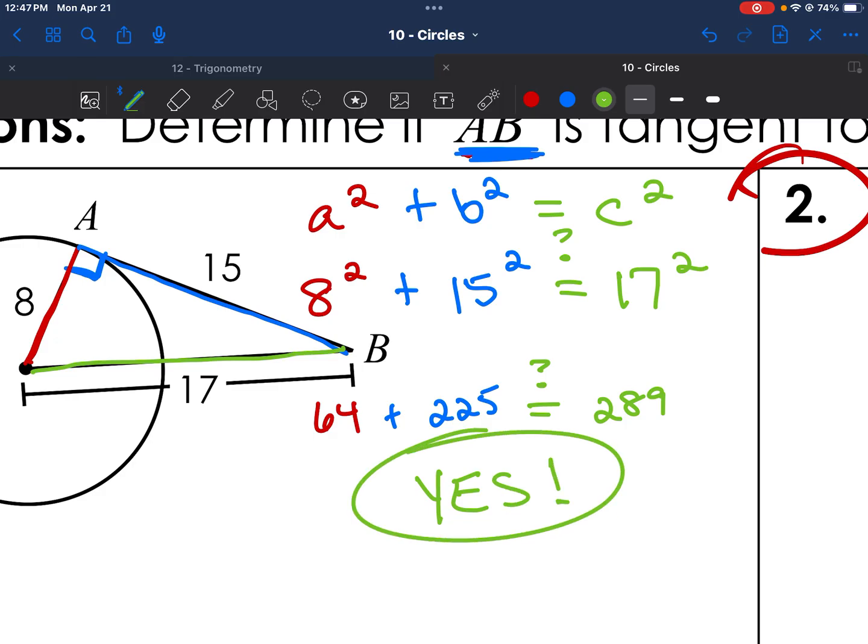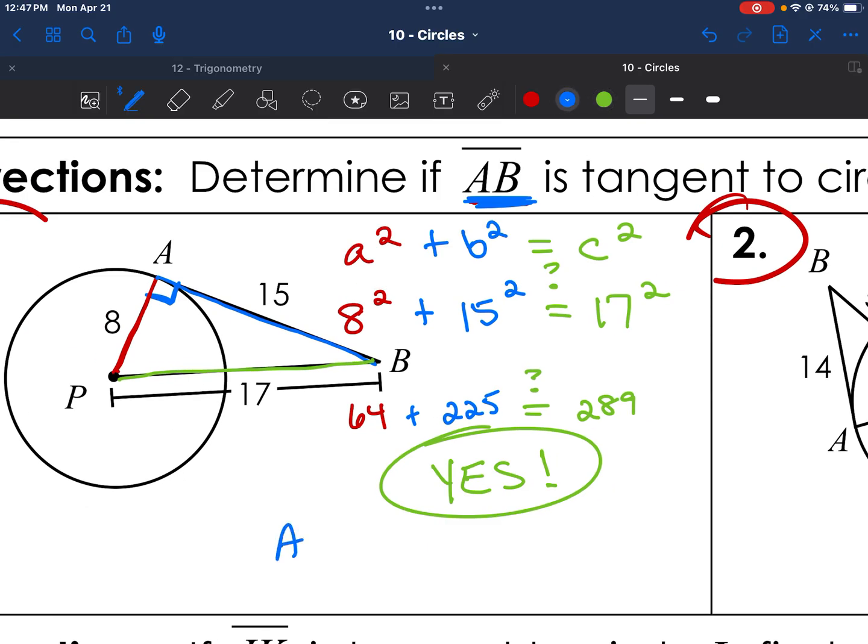So what that means for us is that AB is a tangent line. So we used Pythagorean theorem to determine basically, could we create this shape in reality? Or is it just us putting a picture on there and typing in some random numbers? We could create this actual shape.